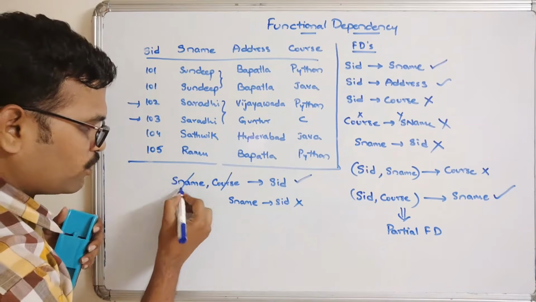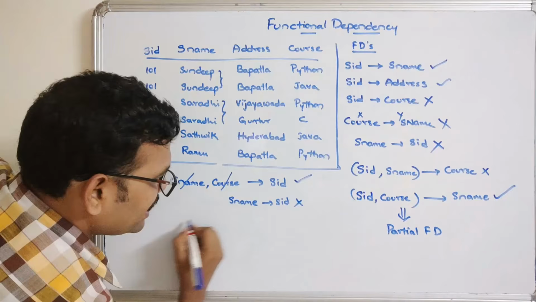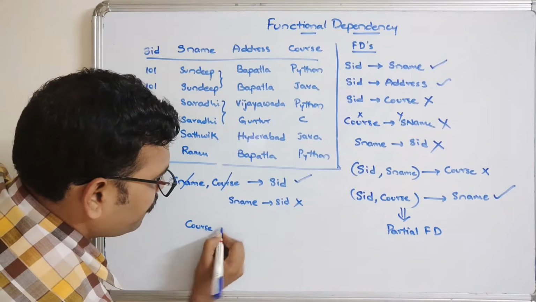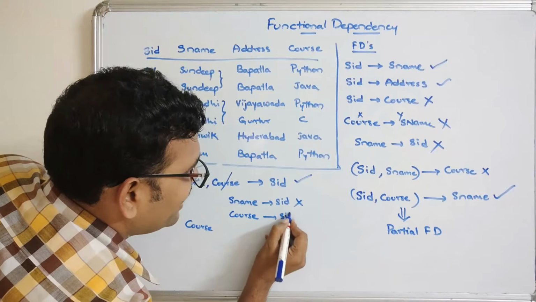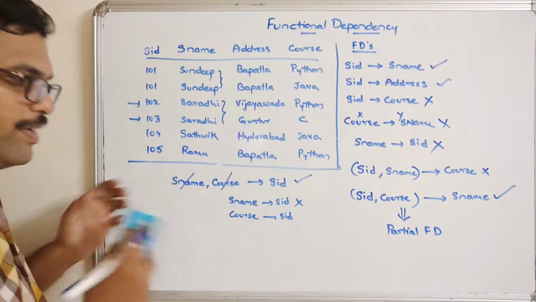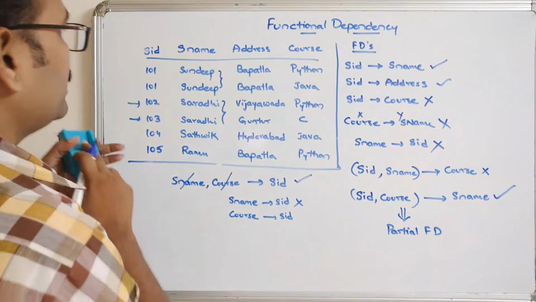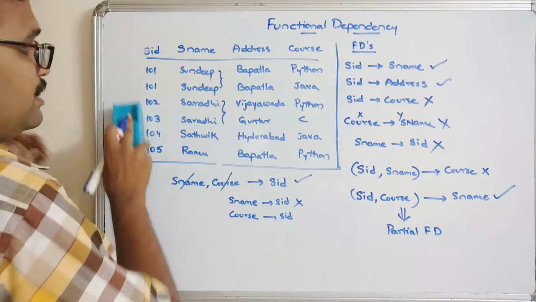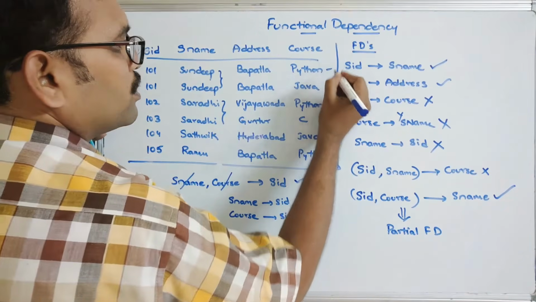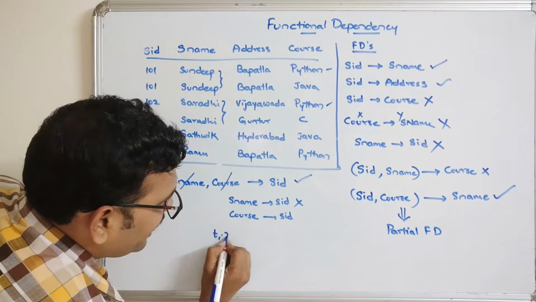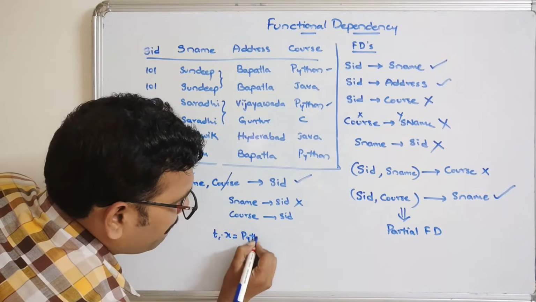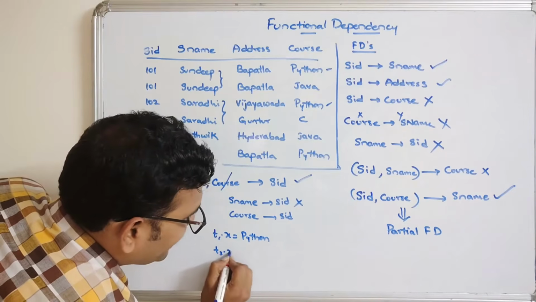Now remove this S name, and let us check with the course name. Course with SID. If you know the course, shall we get the SID or not? So let us consider this. Course, take this one. Course T1.x is equal to Python and T2.x equal to Python.